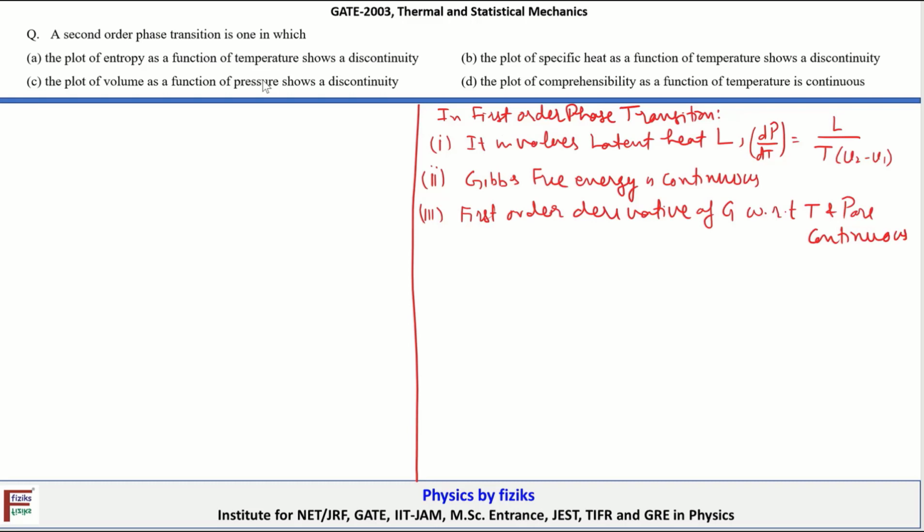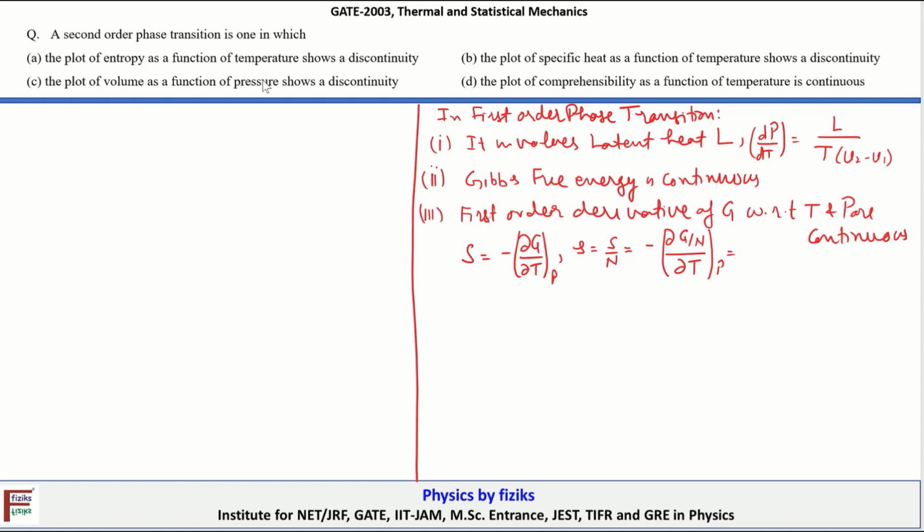So what does this first order derivative of G with respect to T and P represent? It's the entropy, S equal to minus dG/dT. So in a first order transition, even the entropy is a continuous function. From here we can define the entropy per particle as S divided by the total number of particles. It's continuous again, that is minus d(G/N)/dT, where G/N defines the chemical potential, at constant pressure.